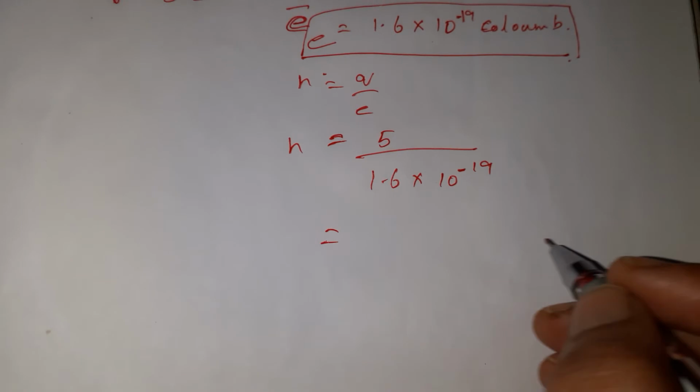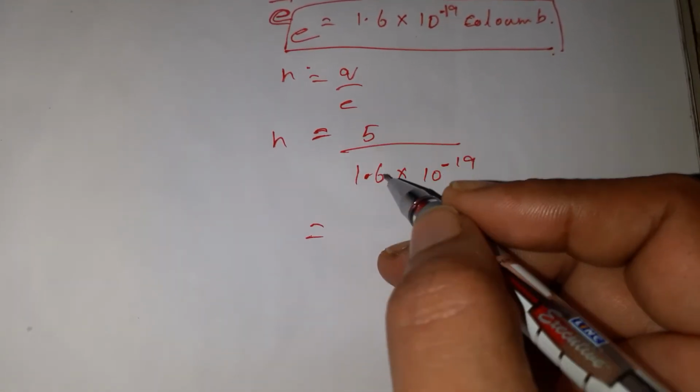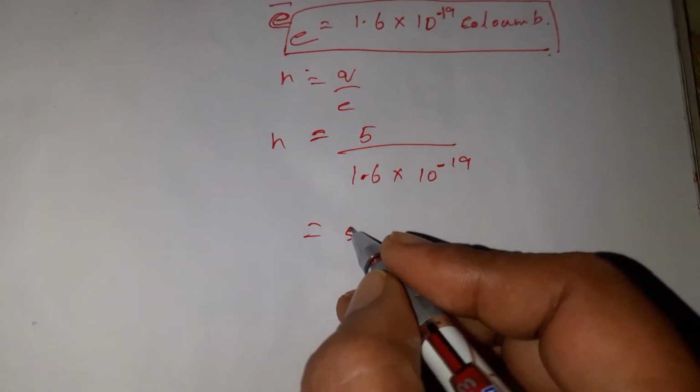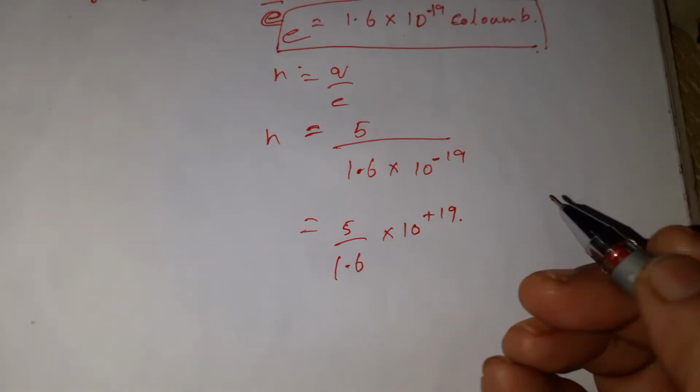Here we have to divide 5 by 1.6 into 10 power plus 19.